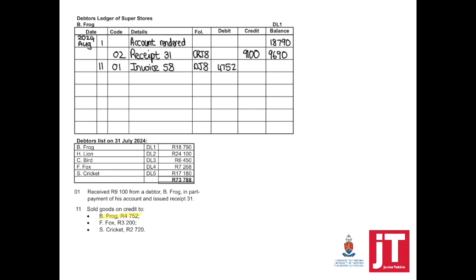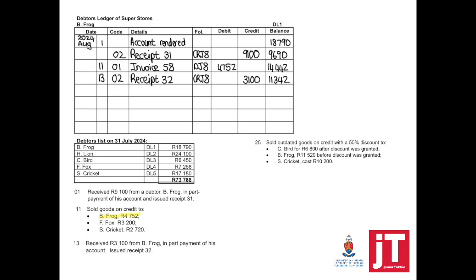It was number 58 from the debtors journal on the debit side, and calculate your new balance. On day 13, received 3,100 in part payment of account. Day 13, source document receipt number 32 from the cash receipts journal on the credit side 3,100, and your balance 11,342.